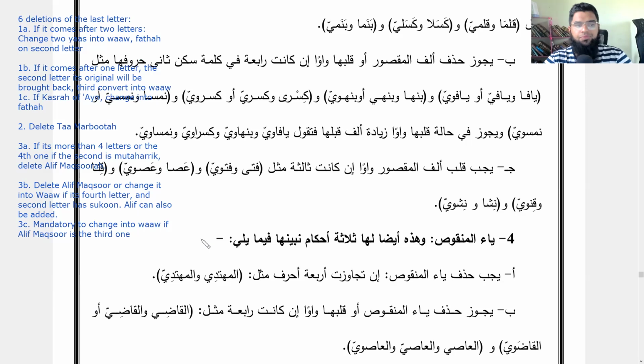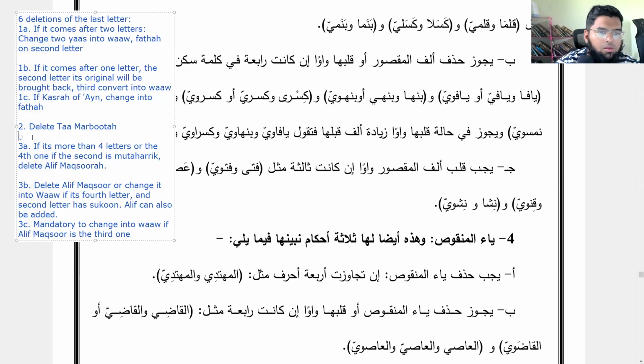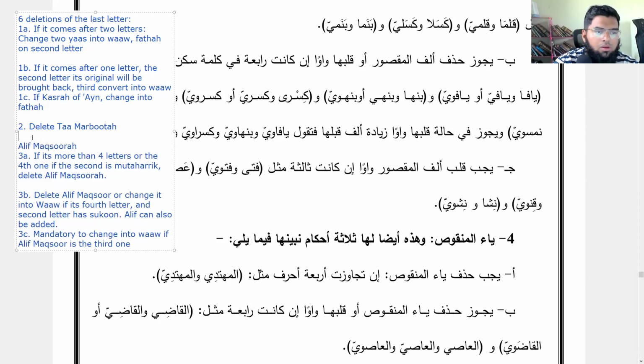Okay, this is for Alif Maqsoorah. So 3A, you can write a heading also maybe here. Alif Maqsoorah, Rules 3. 3A, 3B, 3C. So Alif Maqsoorah, if you want to summarize: third letter, mandatory change to wow.